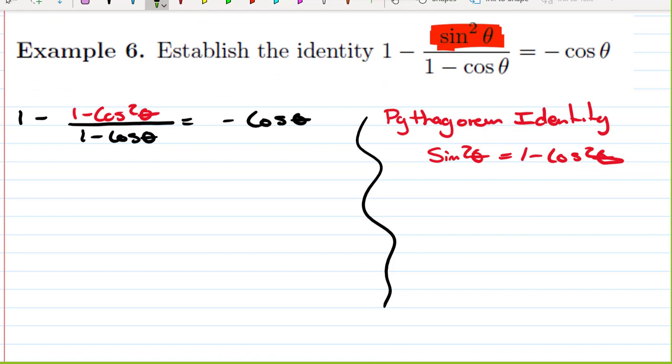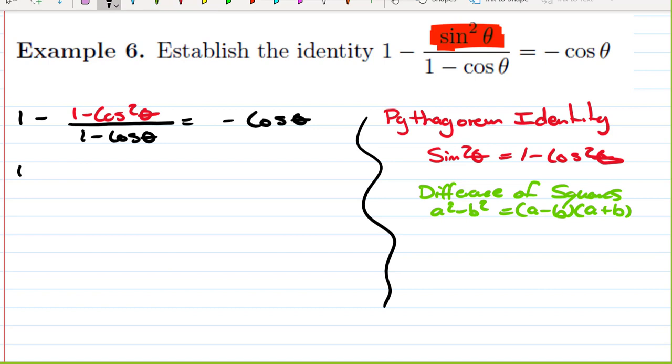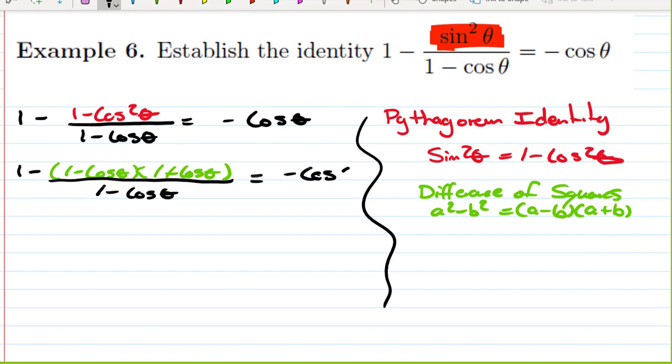So then the next thing we want to use is the difference of squares. So a squared minus b squared is a minus b times a plus b. So we're going to end up with 1 minus cosine theta times 1 plus cosine theta all over 1 minus cosine theta equals negative cosine theta.